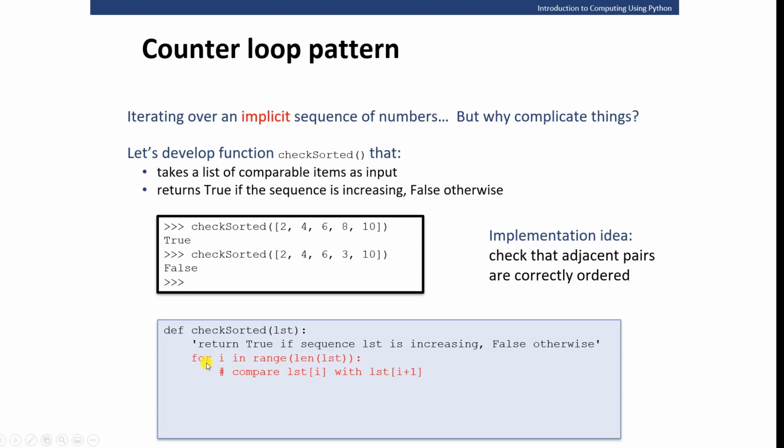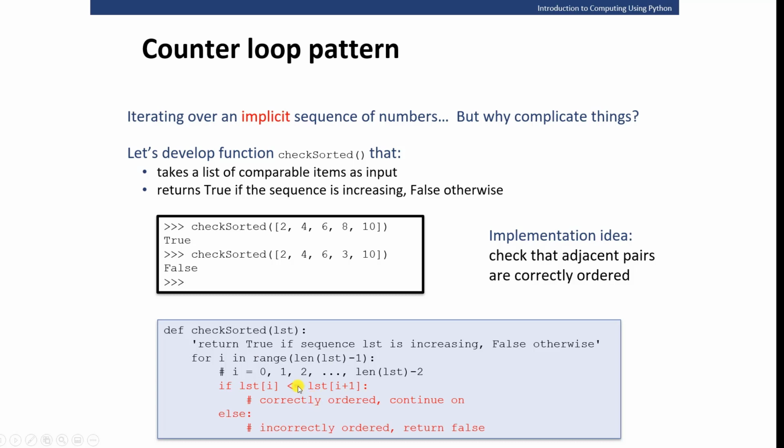So for i in range the length of the list, we would like to compare the first item with the second item. So we can convert this algorithmic implementation to a real implementation.